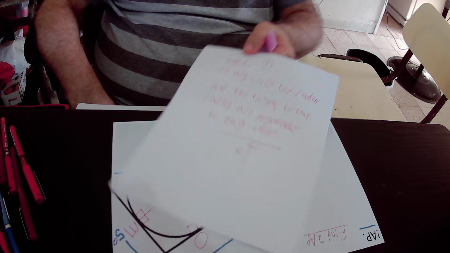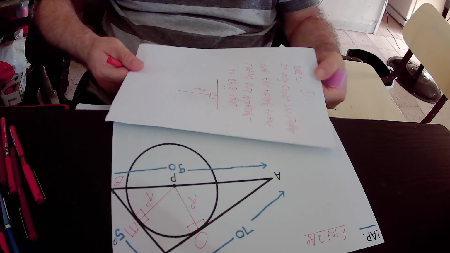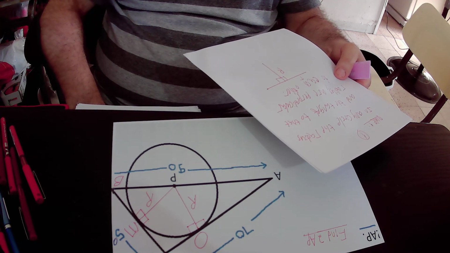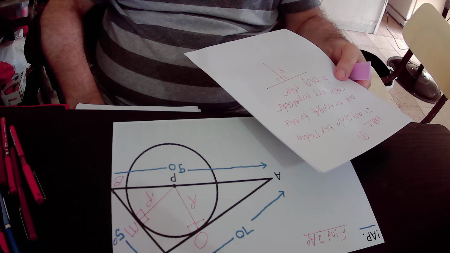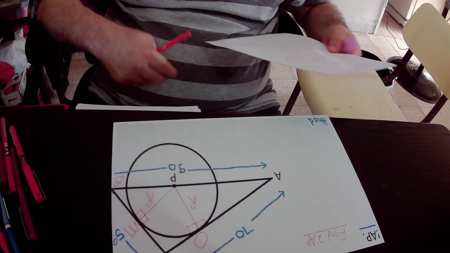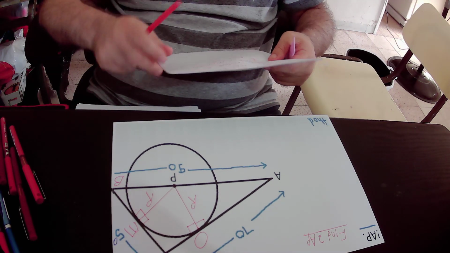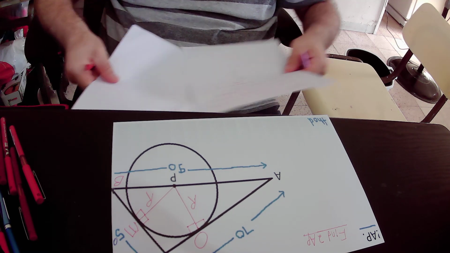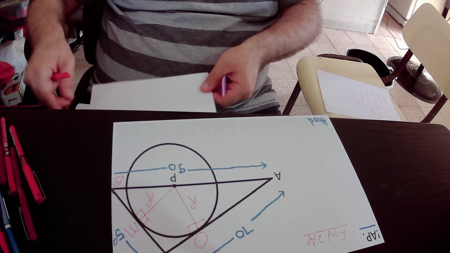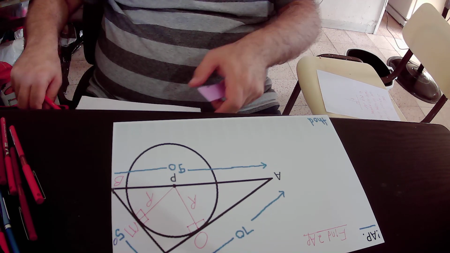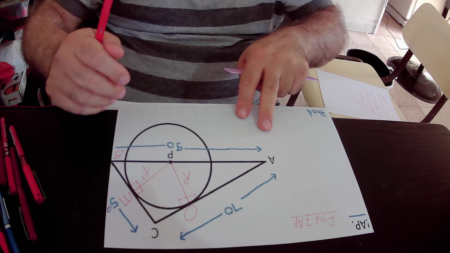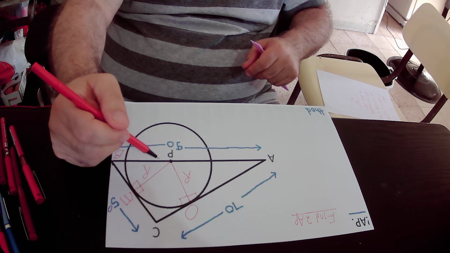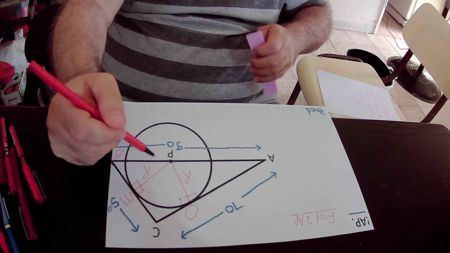Okay, and we will also draw a perpendicular from point C to side AB of the triangle.